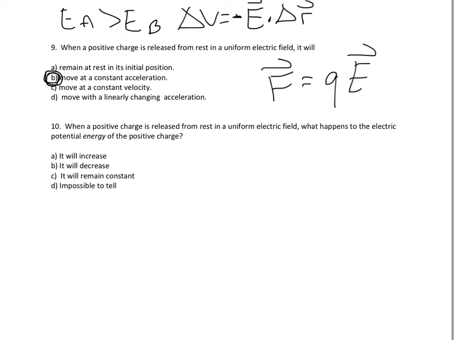In problem 10, this is really an example of conservation of energy. For the case of no external forces, the change in potential energy plus the change in kinetic energy should be 0. So since it is uniformly accelerating, it's speeding up, so we know that the potential energy must be decreasing.